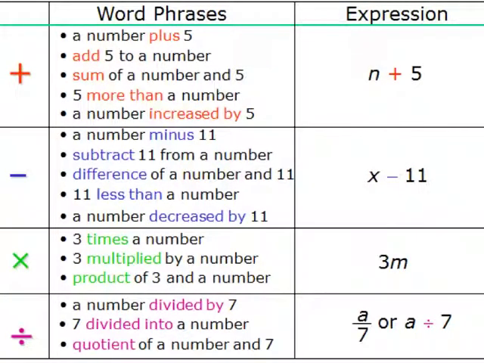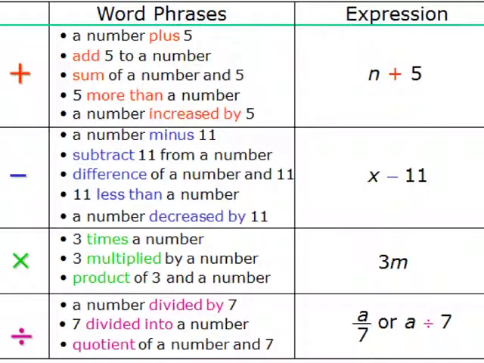Okay, here I've given you some more phrases for each different operation. 5 different ways to say n plus 5: a number plus 5, add 5 to a number, the sum of a number and 5, 5 more than a number, or a number increased by 5.